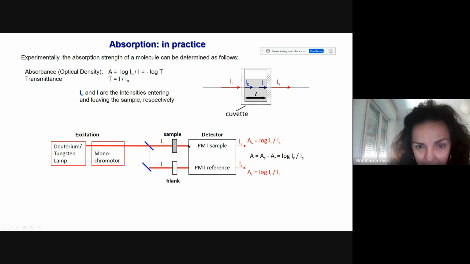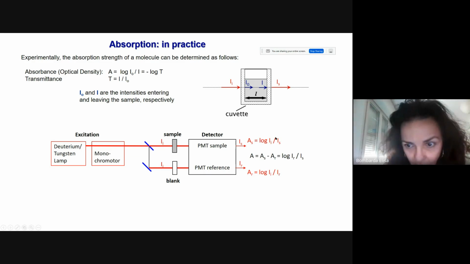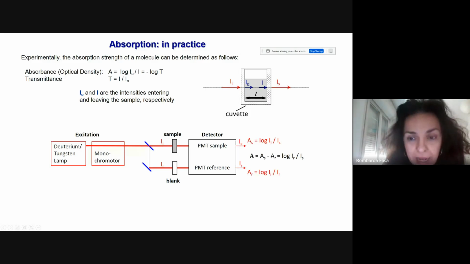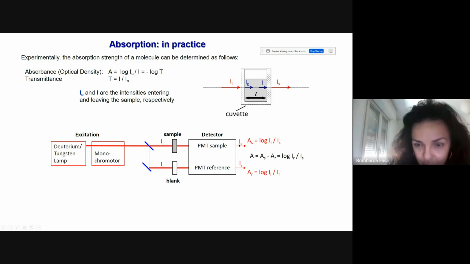Then the light is detected in the channel of the sample and in the channel of the reference. The real absorbance, which is why it is also called differential in this type of instrument, is the difference between the absorbance of the sample and the absorbance of the reference.